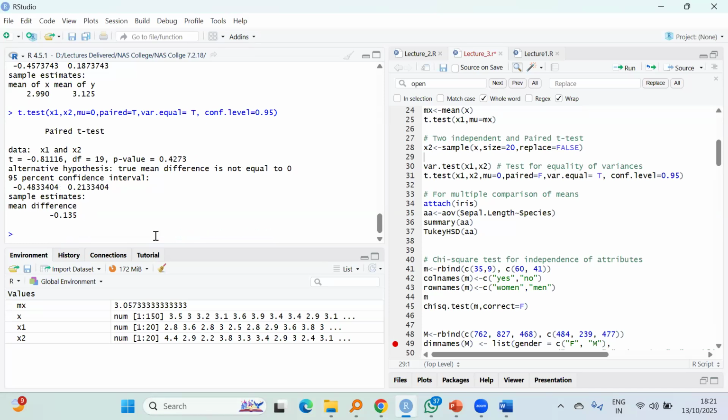So with just the one command t dot test, we can perform all the tests, either it is one sample t test, two independent sample t test, or paired t test, either for the homogeneous groups or non-homogeneous groups. Is it clear?